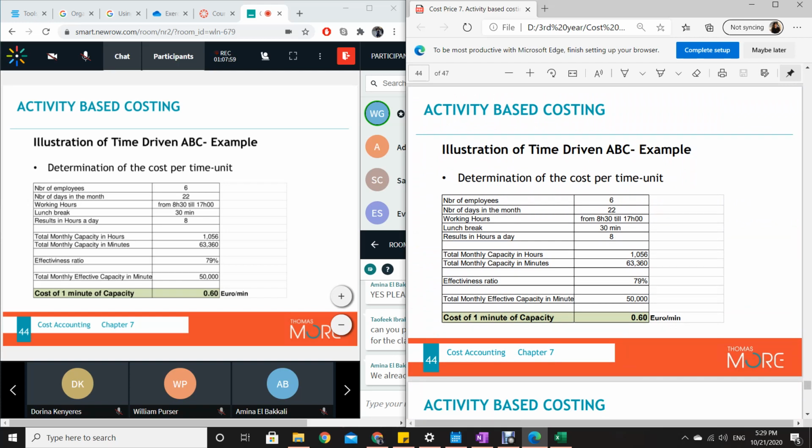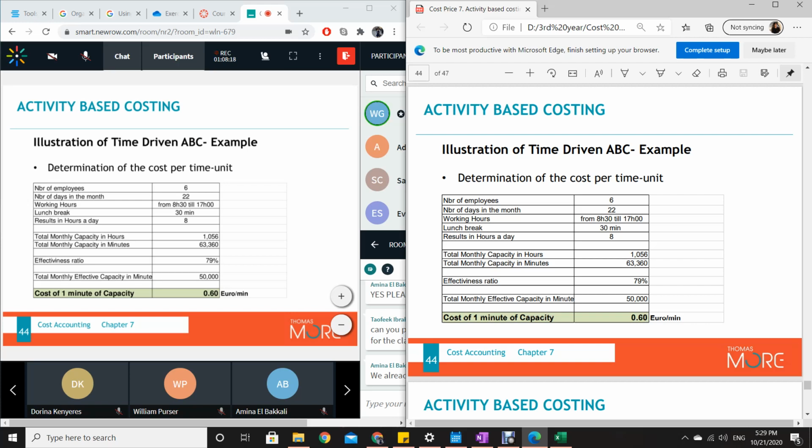So the total cost of this office is 30,000 euros. Then we're going to calculate how many minutes these 6 people work in 1 month, because the salary I have said is also for a month.